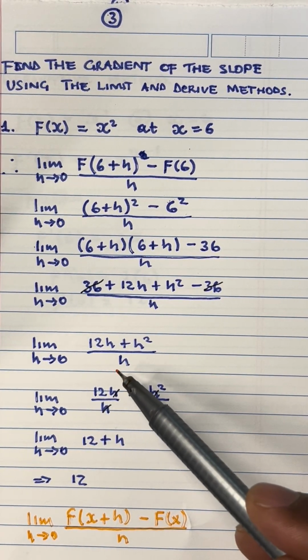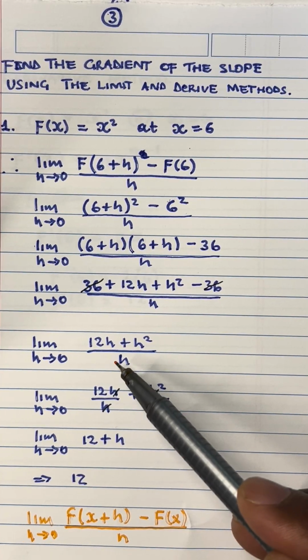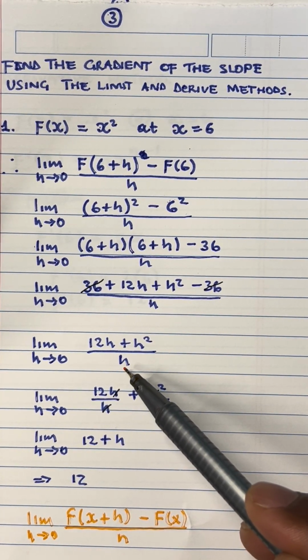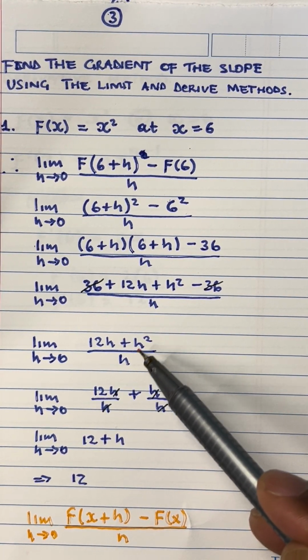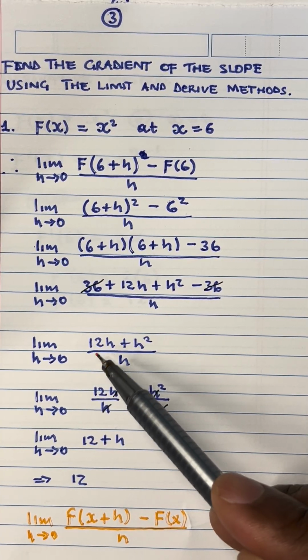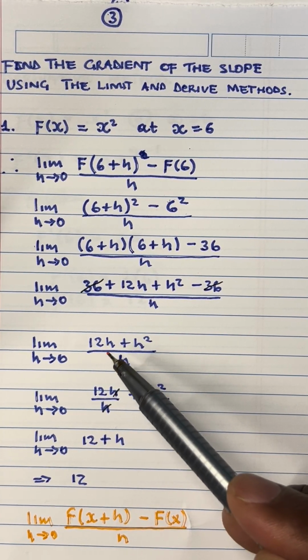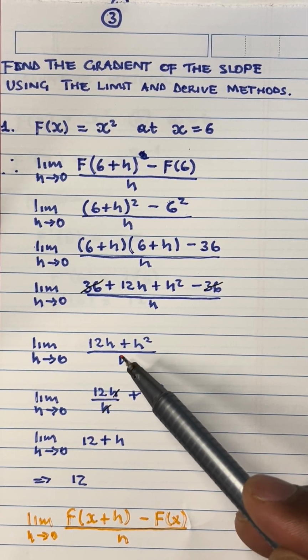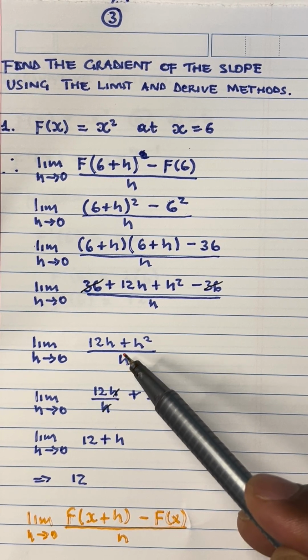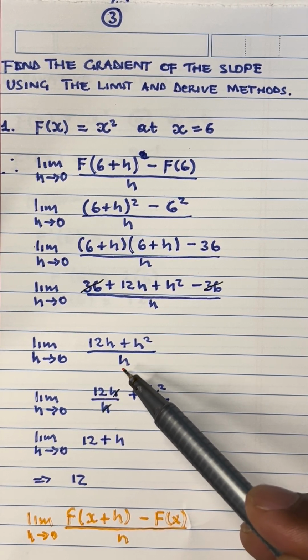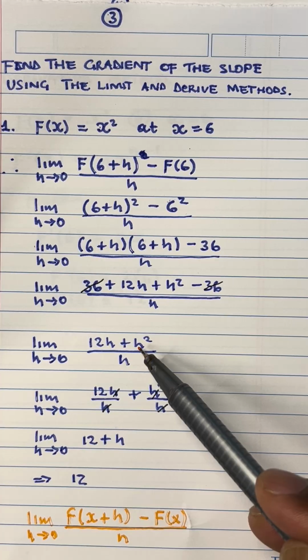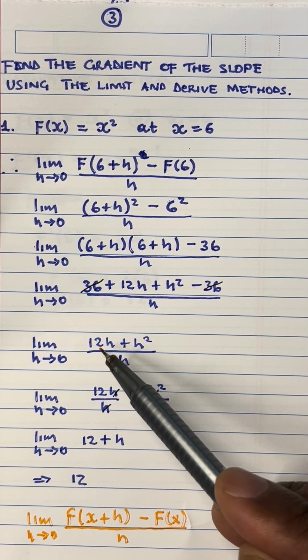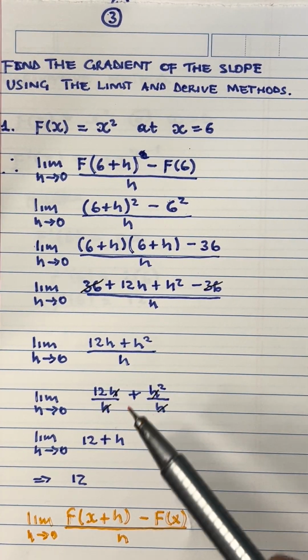Now when you get to this stage over here, this h is dividing this h squared as well as dividing this 12h. So what you usually do, you take this h and divide it to that, and then take this and divide it to that with the plus sign in the middle.